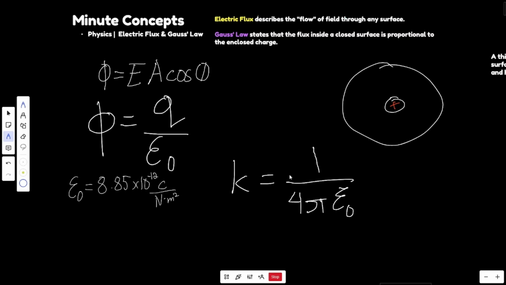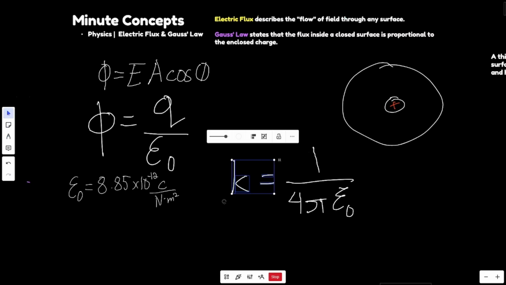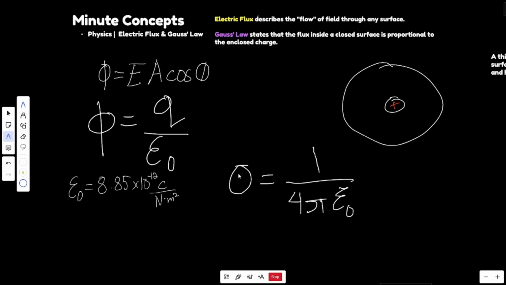And if you recall, K is used in getting the electric field. So why don't we try to rewrite this formula with this knowledge? So we'll just turn this into flux. Okay, so this is K, right?